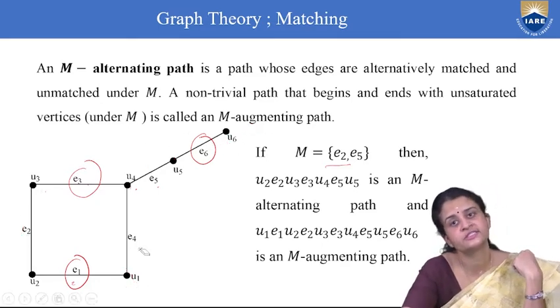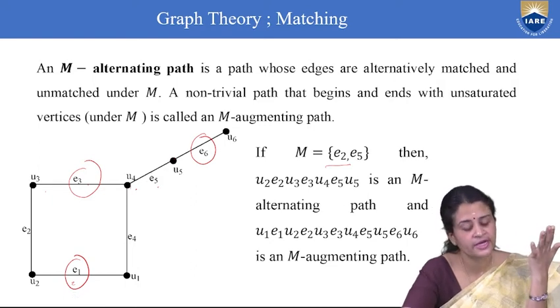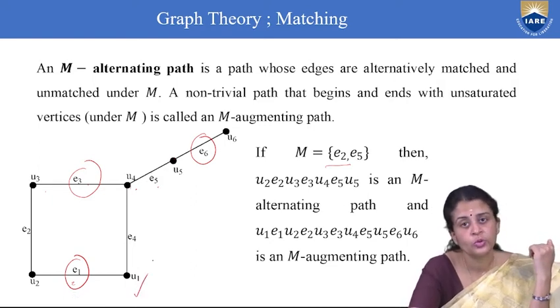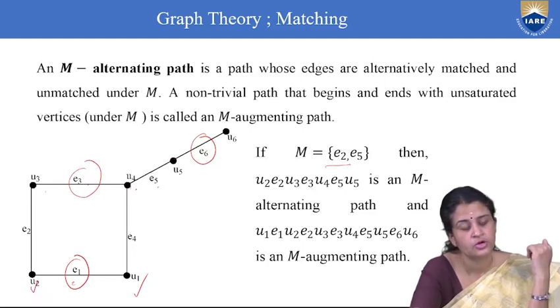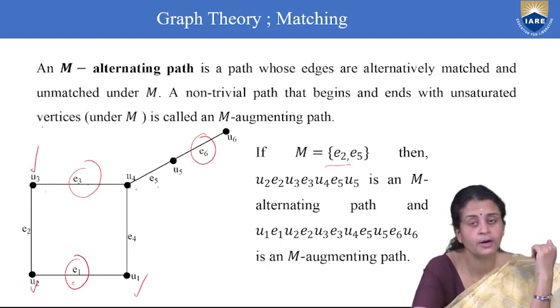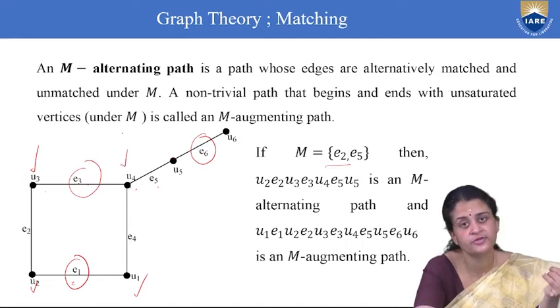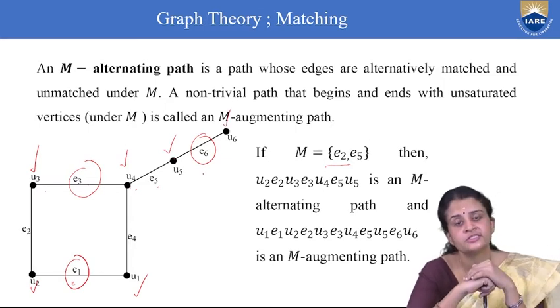We can find that U1 and U2 are incident with the edge E1. Also, U3 and U4 are incident with the edge E3, and U5 and U6 are incident with the edge E6.